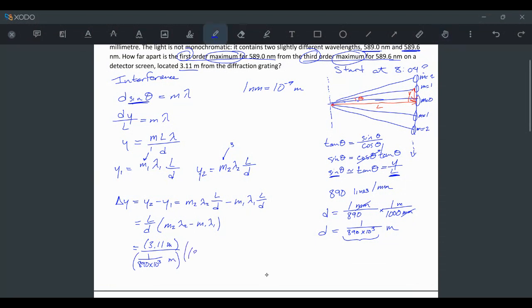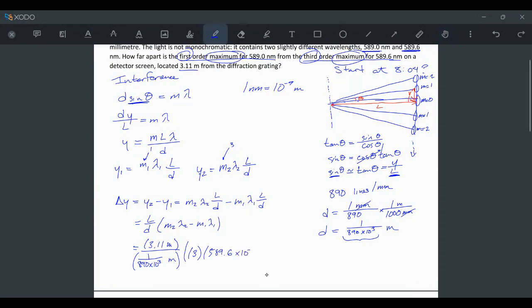And the interference order, we're looking for the third maximum, so I put a 3 in. That was for the 589 nanometer wavelength, or 589.6, excuse me. We want this in units of meters just so we can do simple calculations in our calculator.